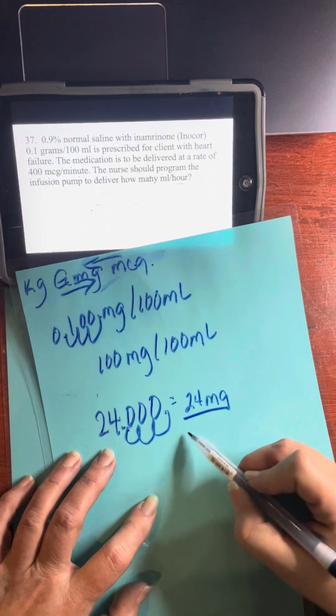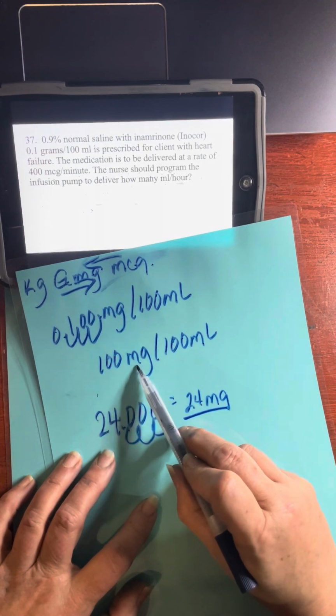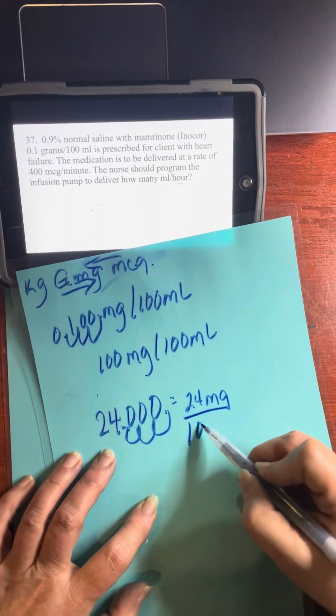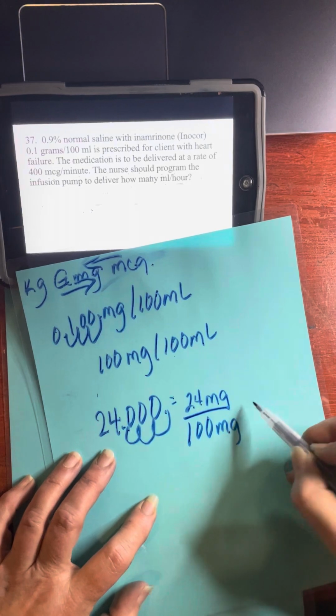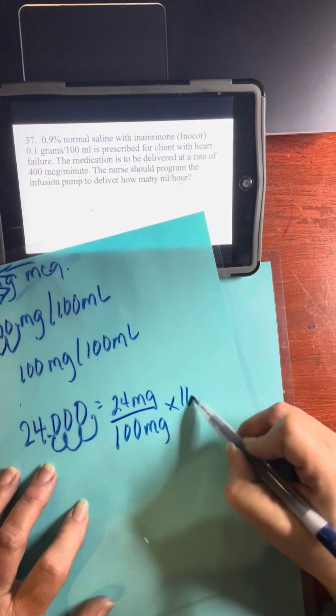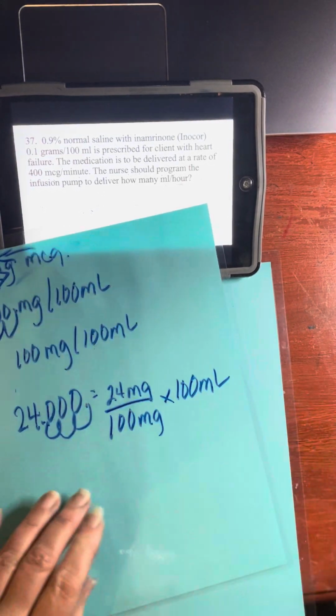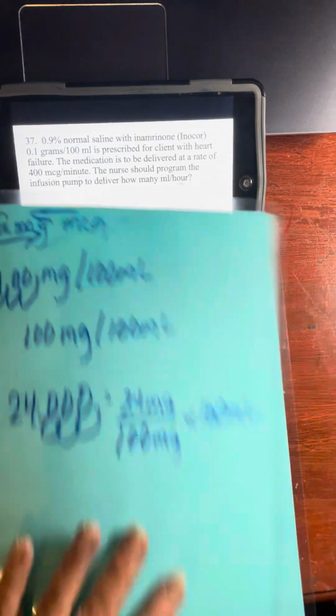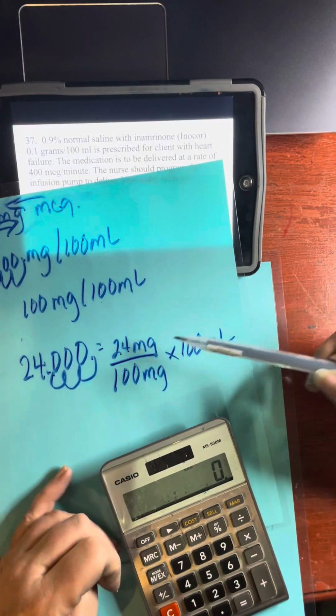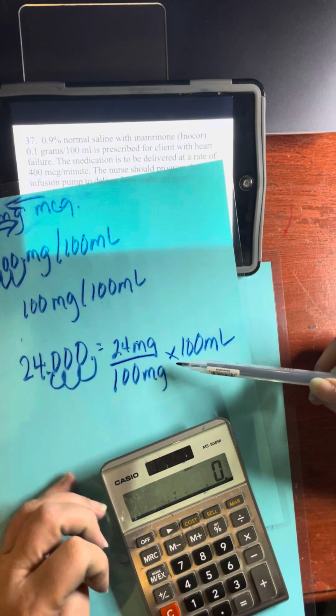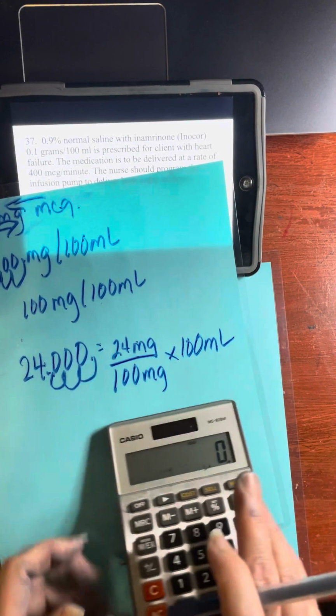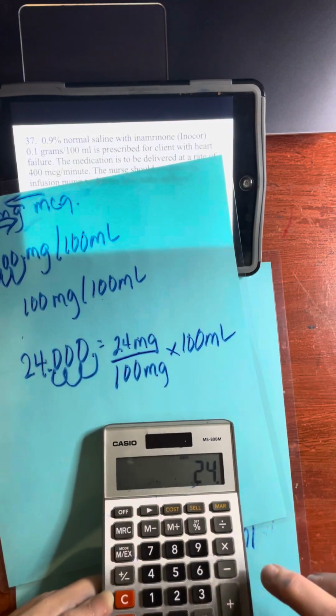What I have is this 100 milligrams per 100 milliliters. Help them, Lord. I hope I ain't just done a Jedi mind trick on you. And then we're doing the math. 24 divided by 100 times 100 with our calculator.